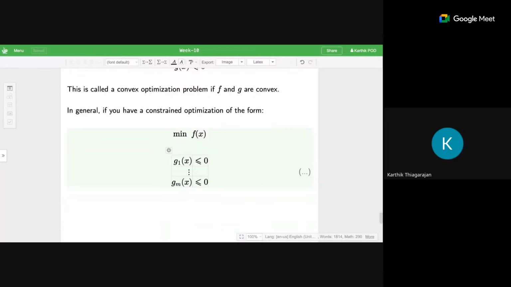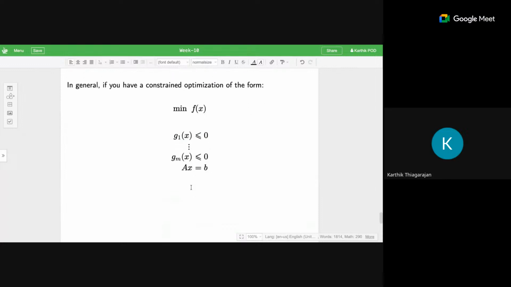So you have m inequality constraints, where x is in R^n, with the optimization variable being n dimensional. And then you have some k equality constraints. For a convex optimization problem, these equality constraints have to be linear, so we can represent them as Ax equal to b. This is what is called a convex optimization problem in general.